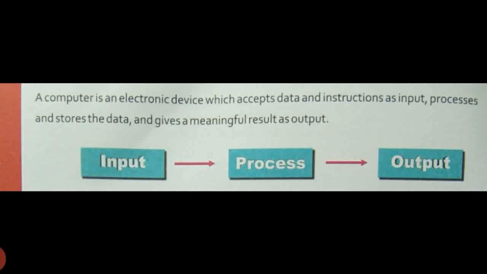If you process, it means if you add 10 plus 10, whatever process you are doing for making the addition is nothing but the process. After addition you will get the result, that is 20, which is nothing but the output. This is a simple example from mathematics.